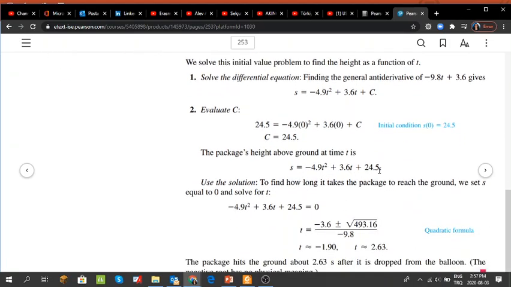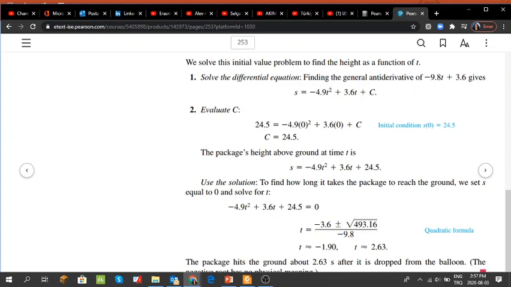That's fine. Next, we want to use s of t equal to 0. This is when it hits the ground. The distance from the ground is equal to 0. So we equate this to 0 and solve for t. We can easily do that with the quadratic formula. t is equal to negative 3.6 plus or minus the square root of delta. Delta is b squared minus 4ac, 3.6 squared minus 4 times a times c.